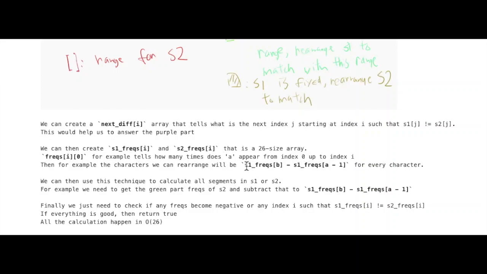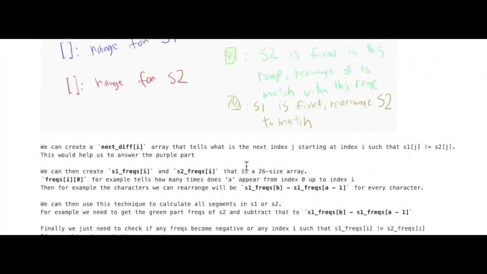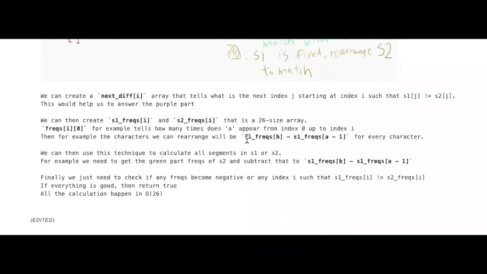Then if we want to calculate the frequency of a certain range, we can just do an O(1) operation, which is S1 frequency[b] minus S1 frequency[a-1] for every character, where a and b are the range. So it's not actually O(1), but for every character it is O(26), and 26 is a constant. So that's the overview of the solution.